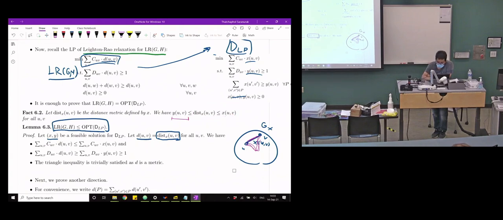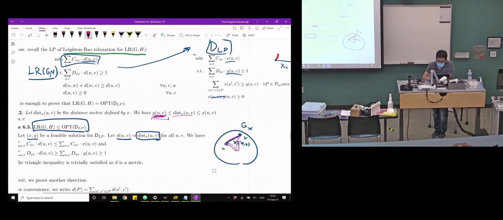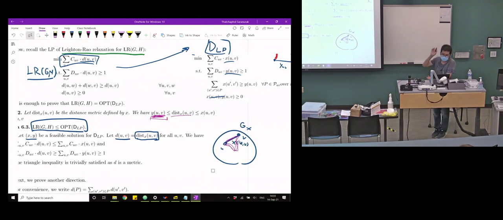But you also know that Y is the lower bound for the distance. Why is that? Can someone tell me? Yeah, it's from this constraint exactly. For any path, if you sum up the distance in X, it's always at least Y. So you have this too.